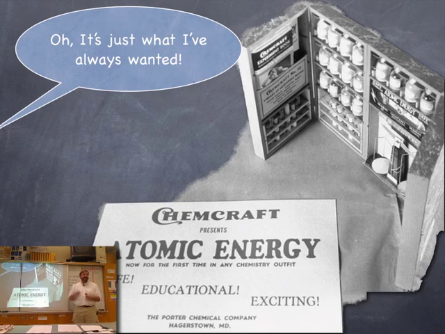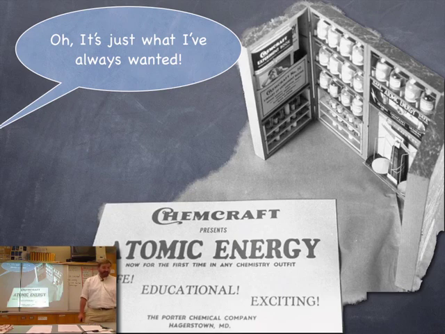So what we have here is we've come upon Jane, who has just received an atomic energy education kit. These were actual kits sold in the 1940s and 50s that had things like uranium and other compounds in them that you could buy and use. They were for kids to play with and stuff like that.